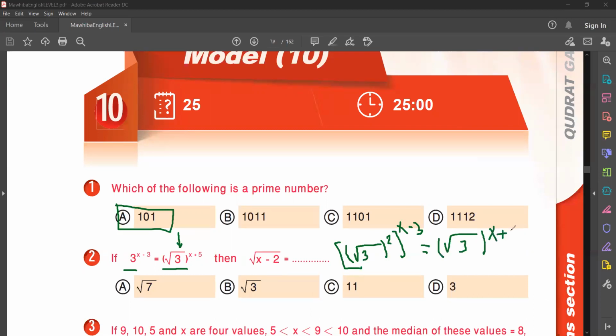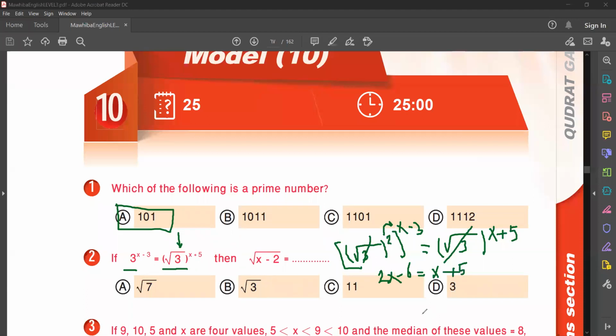Now we have the same base, so we can delete the square root of 3 on both sides. Also, you multiply by 2 in the power: 2 times x equals 2x, and 2 times minus 3 equals minus 6, equals x plus 5.